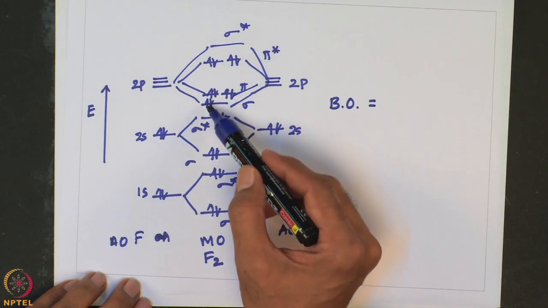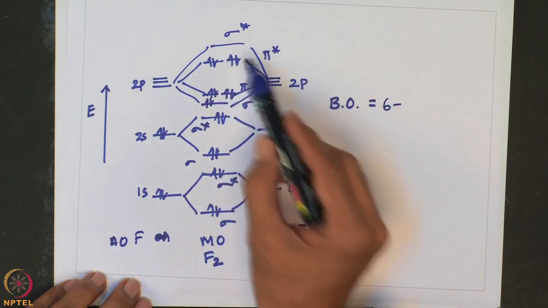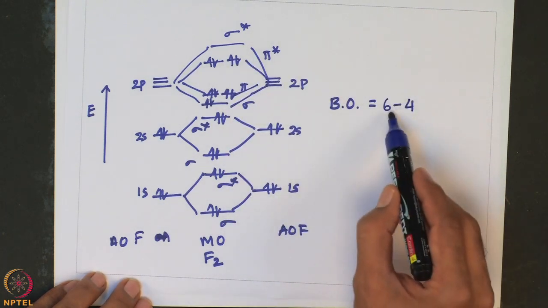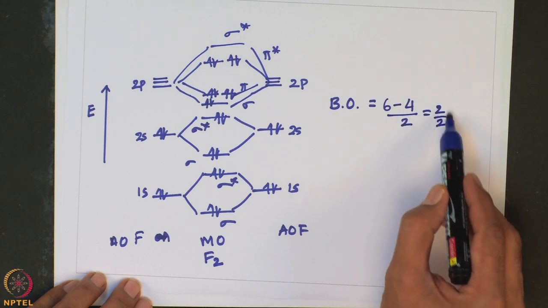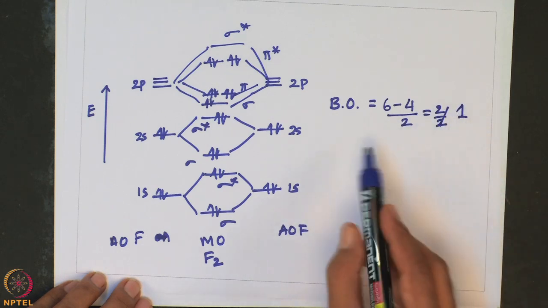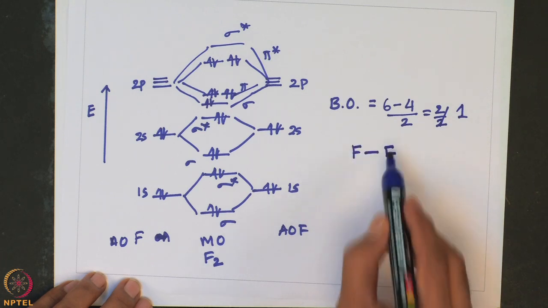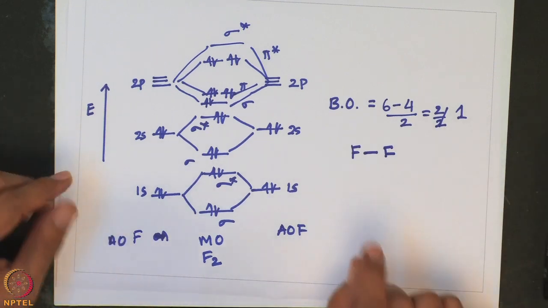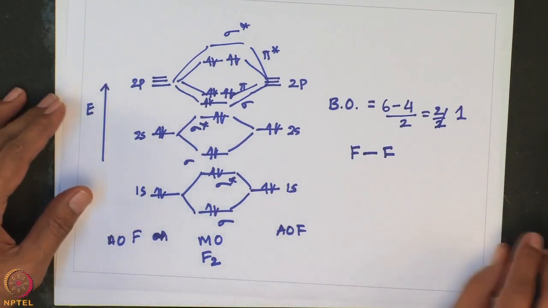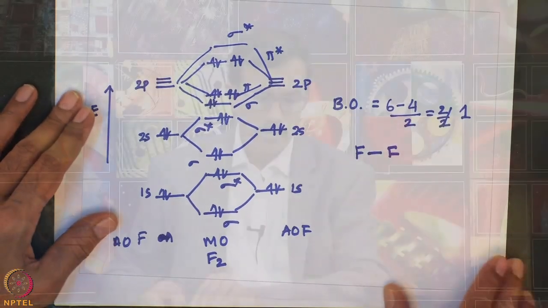So we shall count 2, 4, 6 minus 4 in anti-bonding, divided by 2, that is 2 by 2, 1. So between F and F there is a single bond. We should be able to write the MO diagram and also depict the bond order. So, we have a single bond between 2 fluorine atoms in F2.